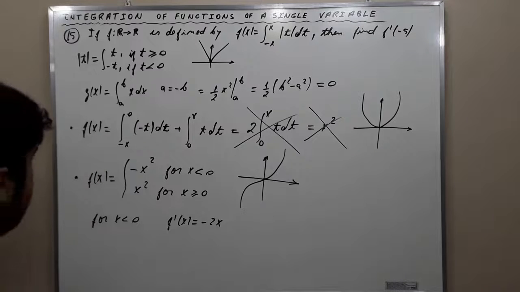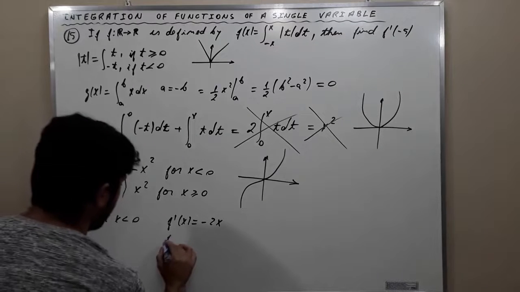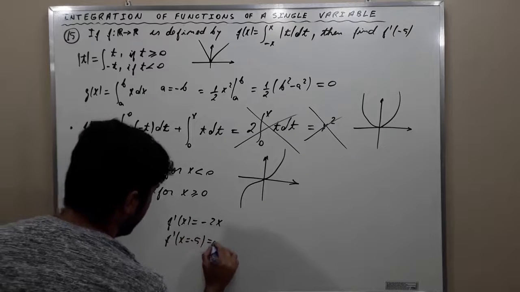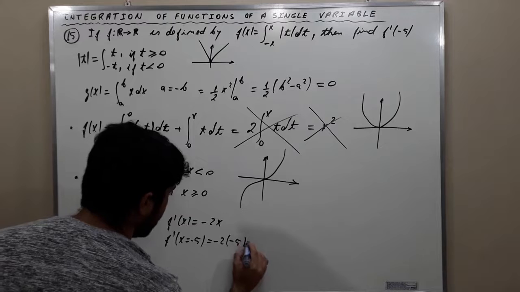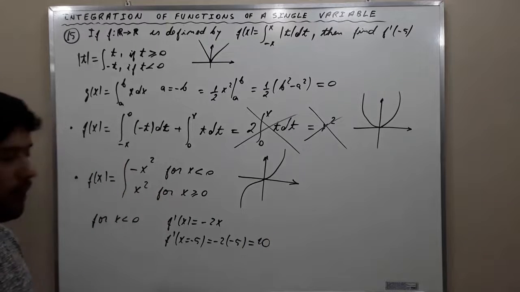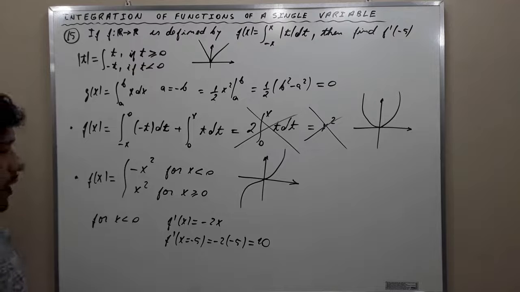Okay, and for x equal to negative 5 we get this, and the result is 10. Okay, my friends, this is the solution of exercise 15.